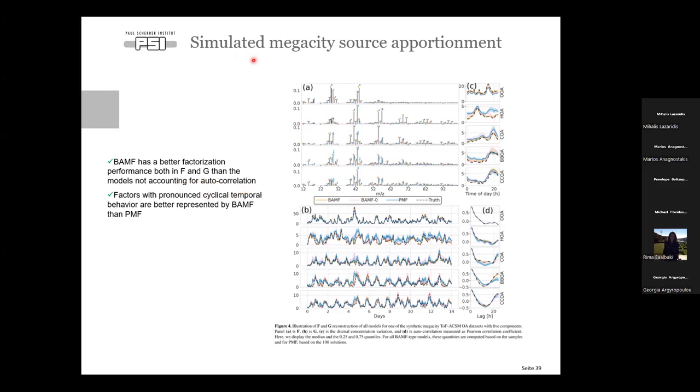I forgot to mention that this comparison refers to the simulated megacity source apportionment, so the simulated Beijing data. It's slightly better, for example, in HOA, but generally speaking, in this scenario all models did quite well, so the differences between the models were low.